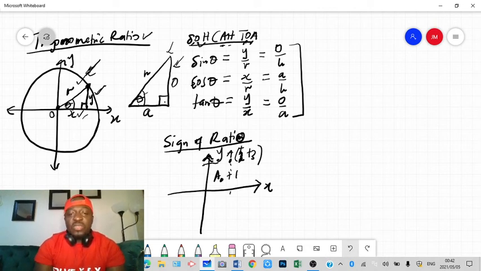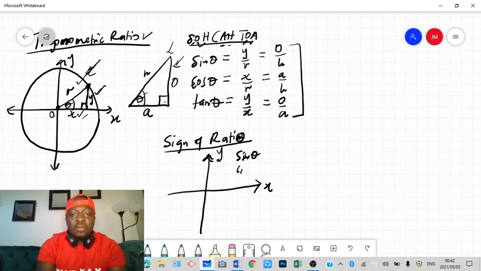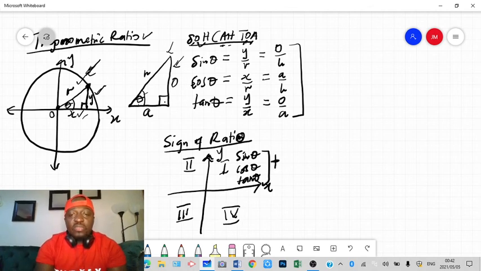Hence, what I want you to understand is that with the trigonometric ratios for your x and y values, for all three ratios, your sine of an angle, your cos of an angle, and your tan of an angle in this quadrant, which we call quadrant 1, quadrant 2, quadrant 3, and quadrant 4, all the ratios are going to be plus in this quadrant.